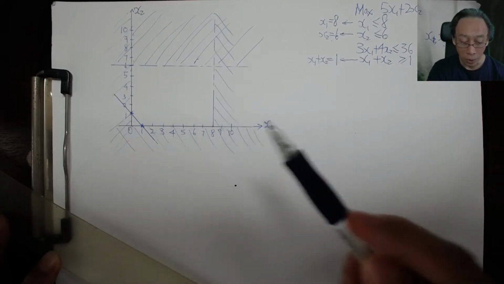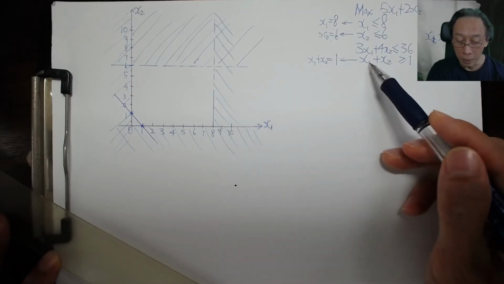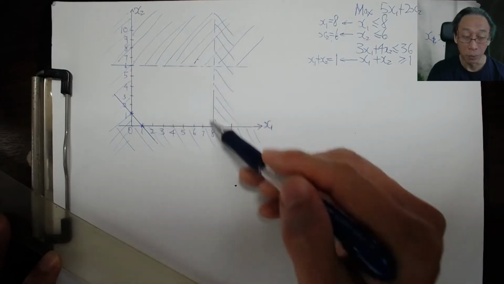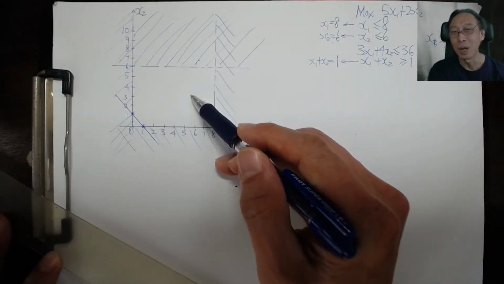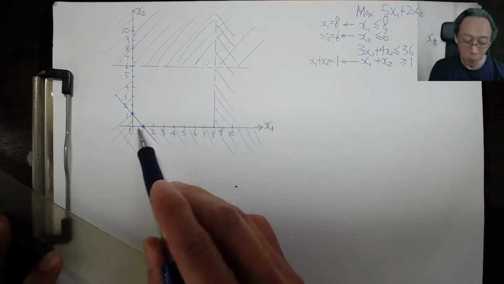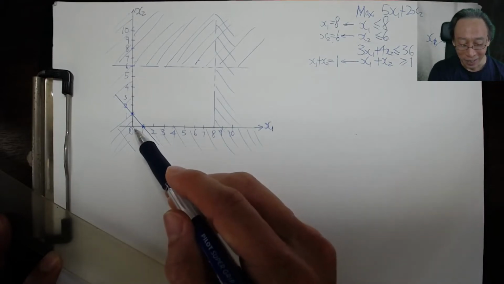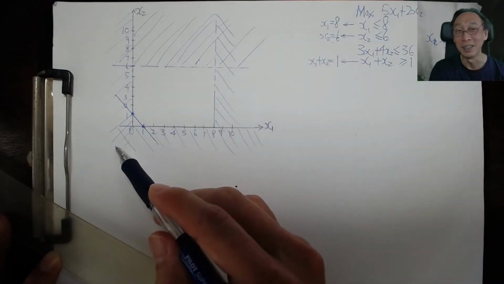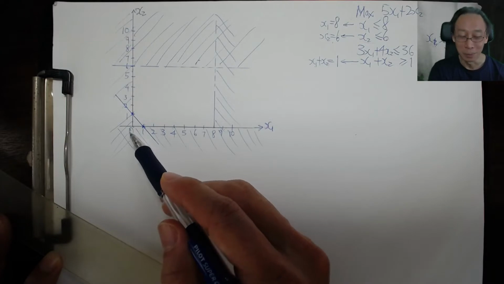All right, because you can always check, is 8, 0 what we want? You plug it in, 8 plus 0 is 8, greater equal to 1, so yes, the entire region is what we want. So you can pick any point, even fractions, but why make life so difficult, right? So if we plug in 0, 0, this always works, unless you have x2 equals to x1, the line through the origin with gradient 1, then we have trouble.